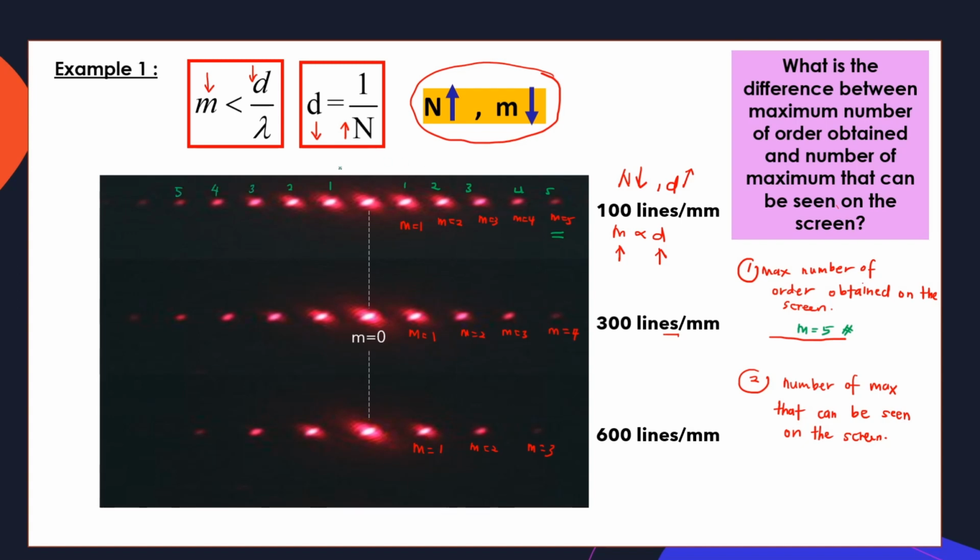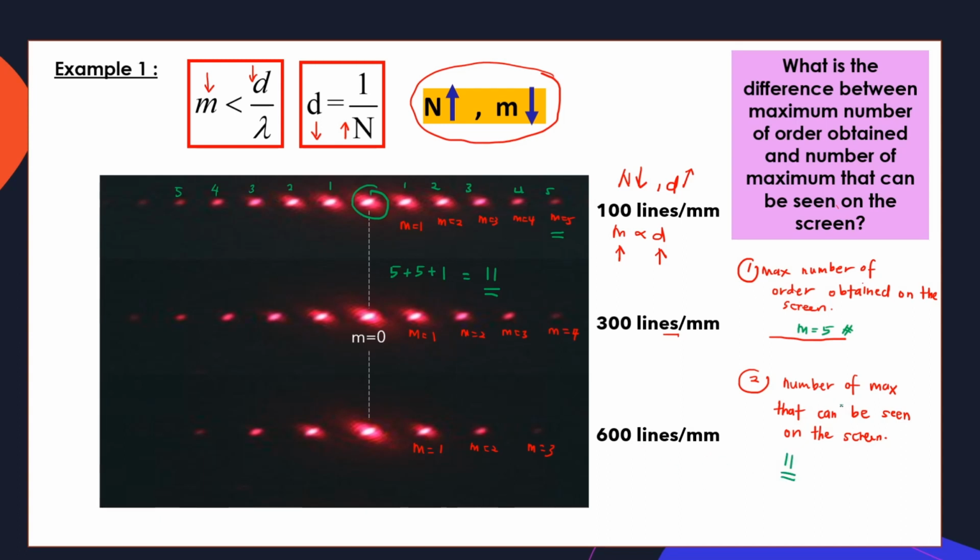So we can observe up to the 5th order. The maximum order obtained on the screen is 5, which means 5 on the right side and 5 on the left side. But remember, at the center here, we have another bright spot. So the total number of maxima that can be seen on the screen is 5 plus 5 plus 1, and the answer is 11.